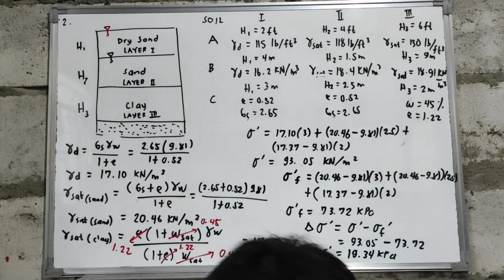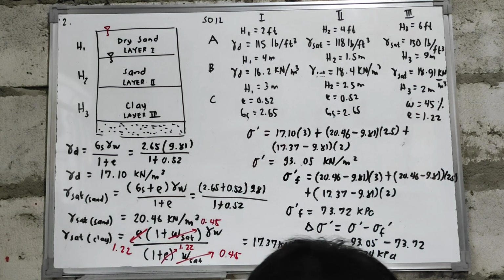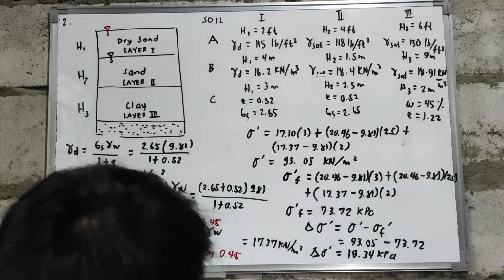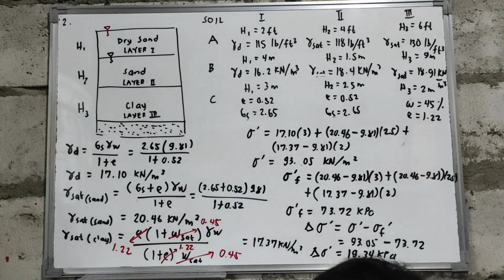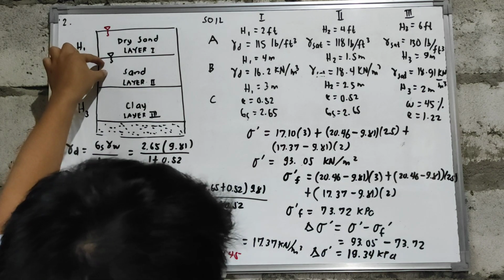Next, for the problem C, how many meters must the groundwater table rise to increase the effective stress to 100 kPa at the bottom of the clay layer? Refer to problem C. So for this, yung hinahanap is, i-increase daw natin.